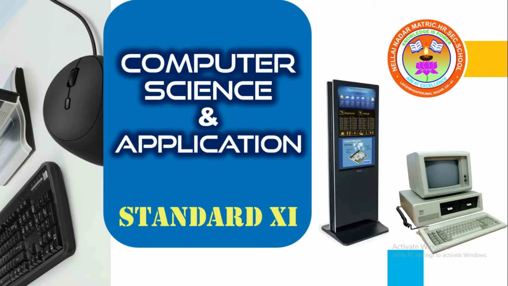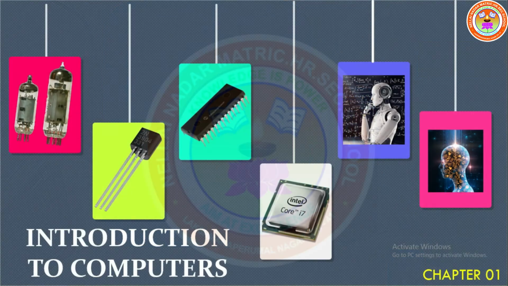So today we are going to start chapter number 1, Introduction to Computers. In this topic, especially, we are going to discuss what concepts are available regarding computers, what the history of computers is, what the generations of computers are, what the basic operations of computers are, and what components and functions are available in computers.